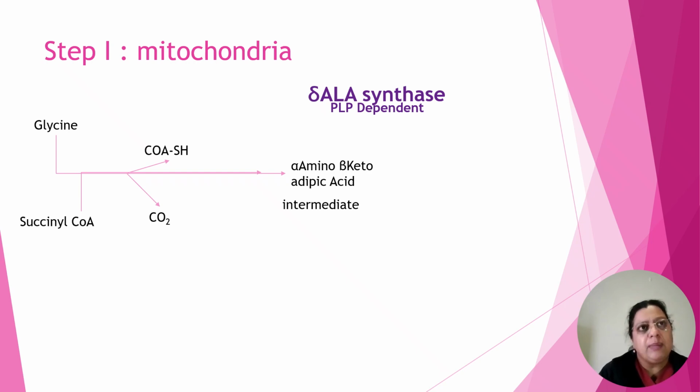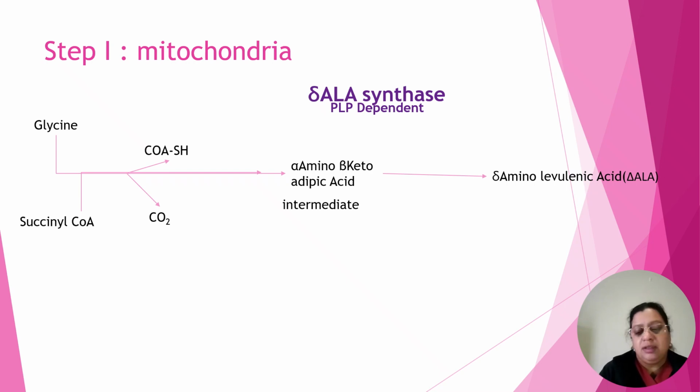So this is the step which leads to the formation of carbon dioxide. However, it spontaneously changes into the final product of the first reaction, which is delta amino levulinic acid, and we'll mostly be using the abbreviation delta ALA.